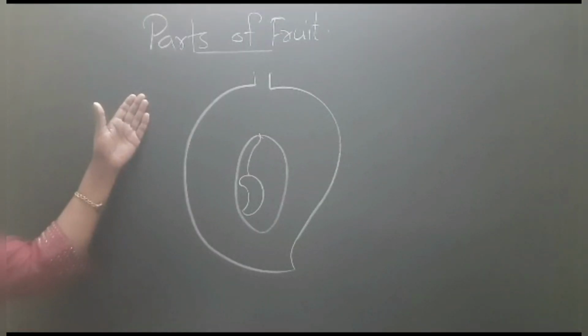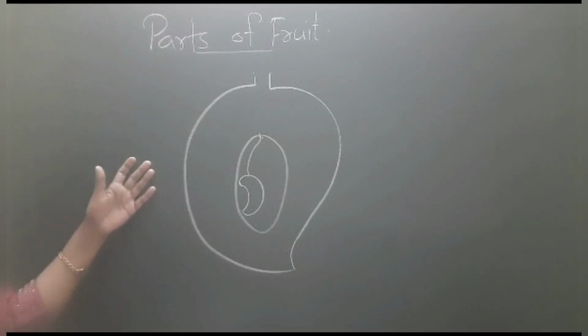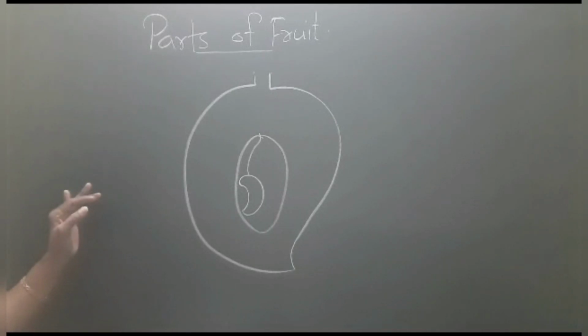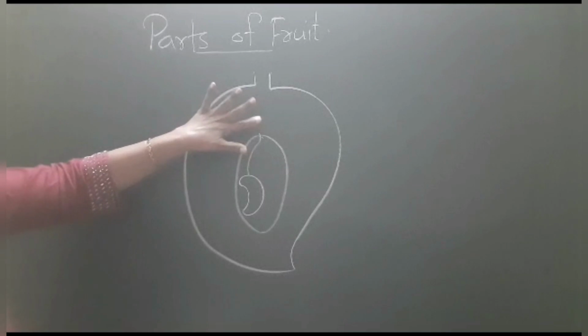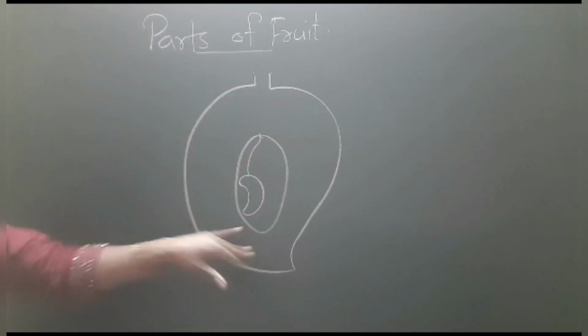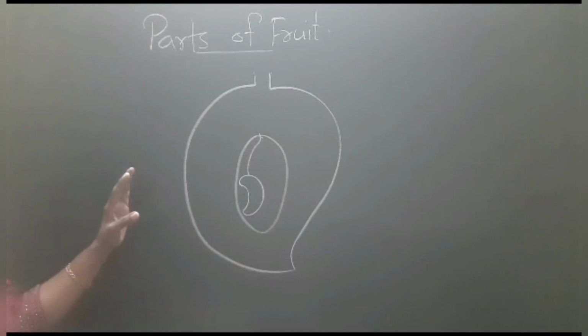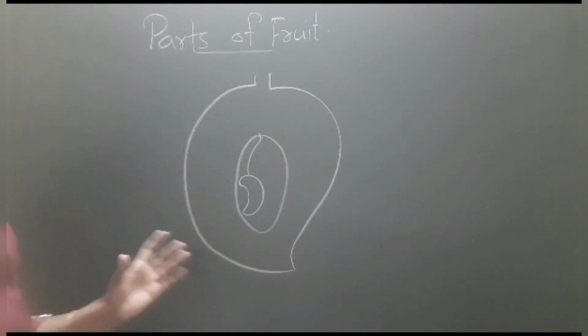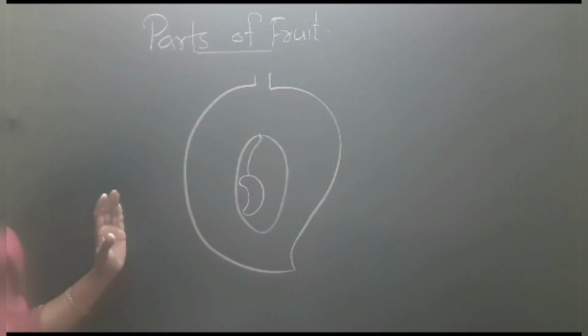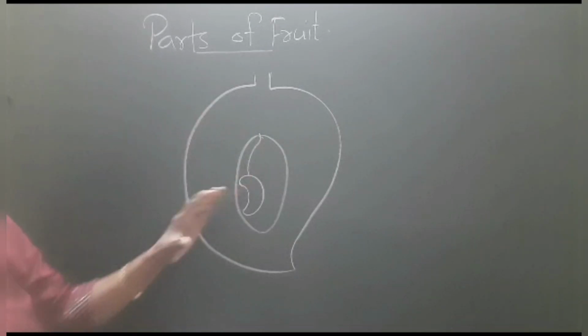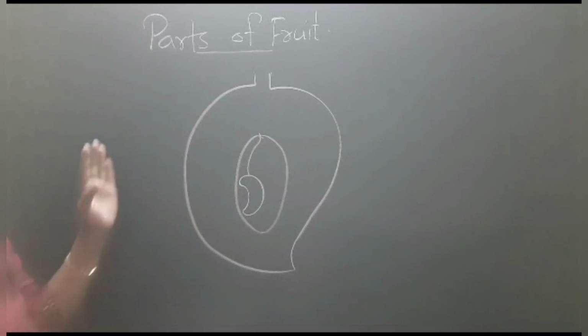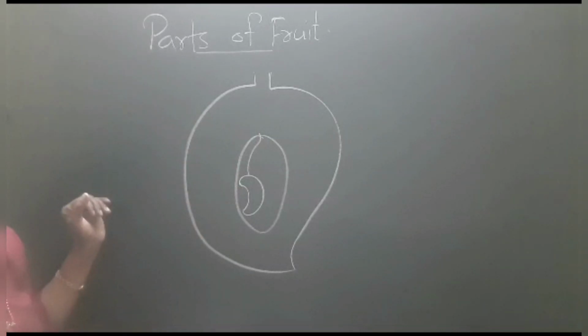Now let's learn parts of fruit. To explain parts of fruit, I have taken a mango fruit. We already learned that the entire ovary develops to form the fruit.